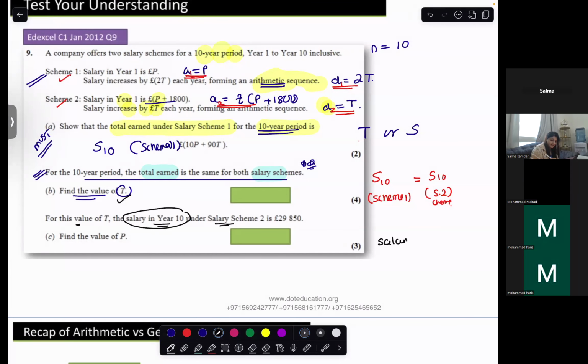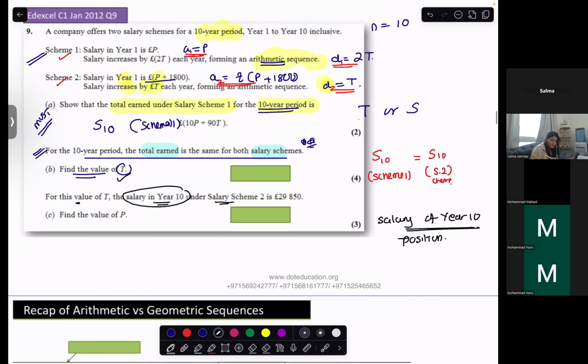So they have given us the position. They have given us T10 under scheme 2, and T10 under scheme 2 is 29,850.